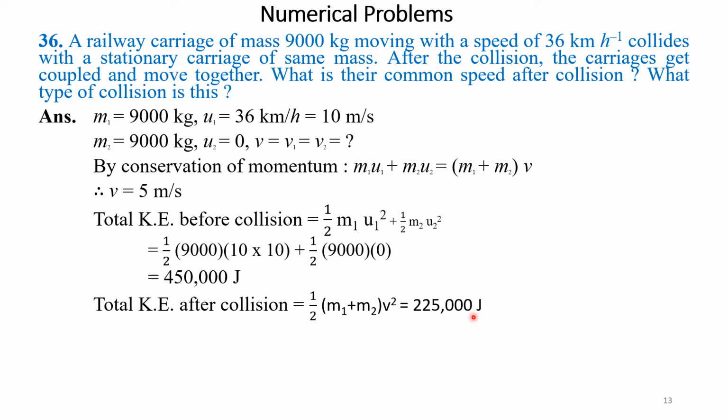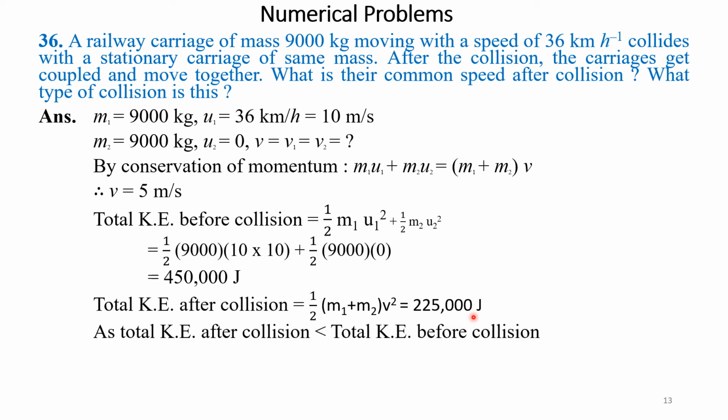So definitely the kinetic energy after collision, that is 225,000 joules, is less than 450,000 joules. Hence, collision is inelastic because kinetic energy has changed after collision. Therefore, the collision is inelastic.